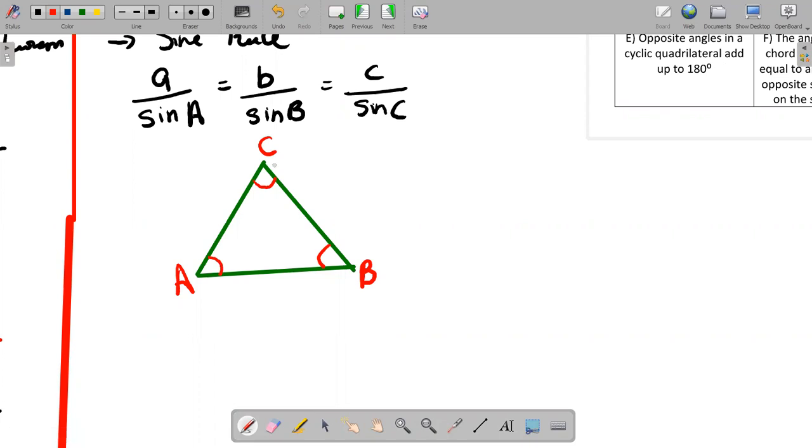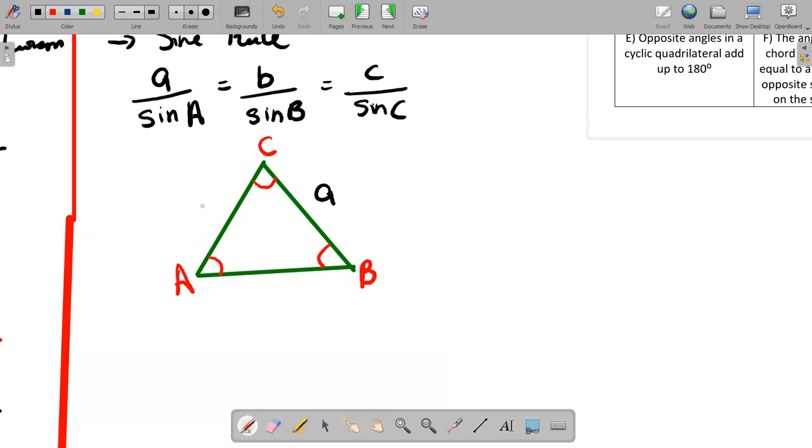Now, common letters are represented by sides. And it's always the opposite. So if this is angle A, what side is this here, guys? Let me see who's paying attention or who knows already. What would I call this? Excellent. This would be side A, small a, right?